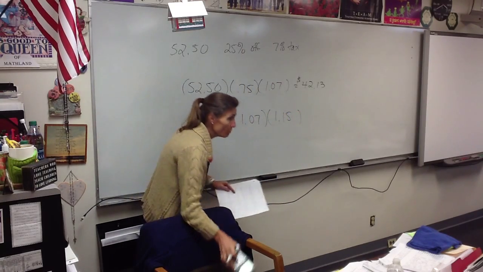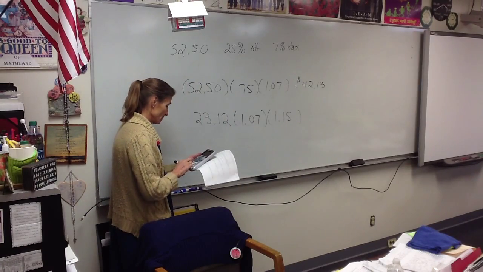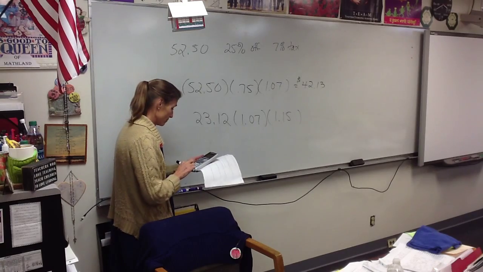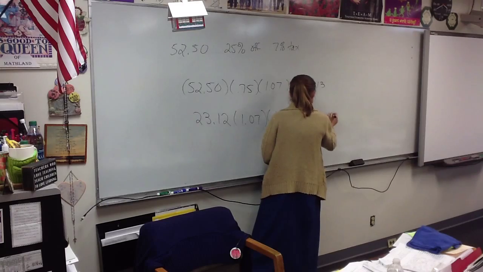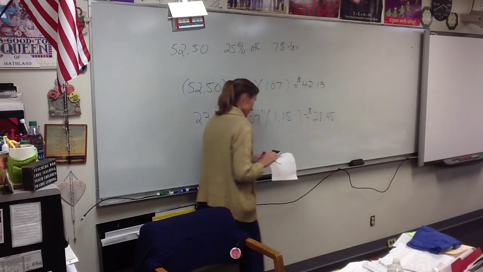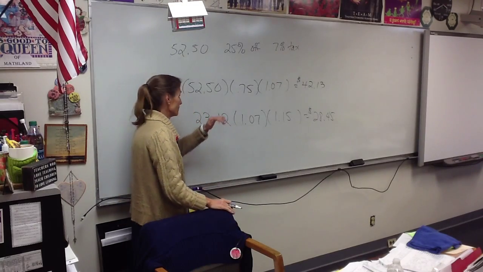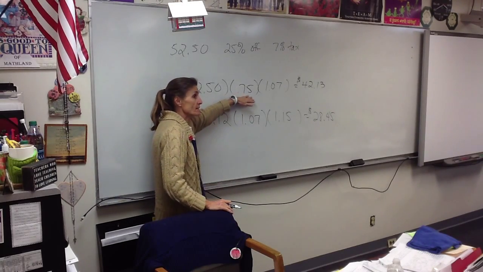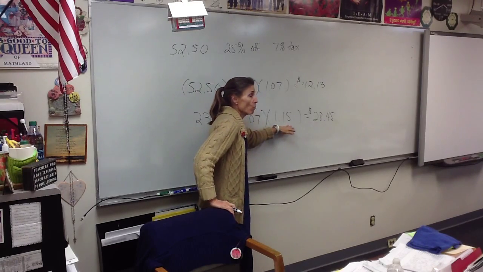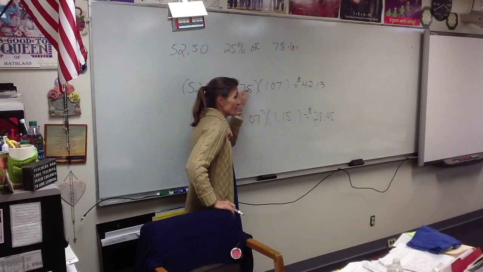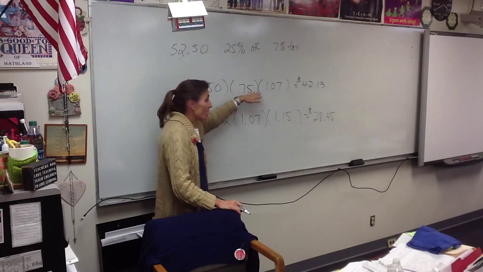So your total bill is $28.45. Why was this number 0.75 and this number 1.15? What's the difference in what's happening there? One's taking away and one's adding on.